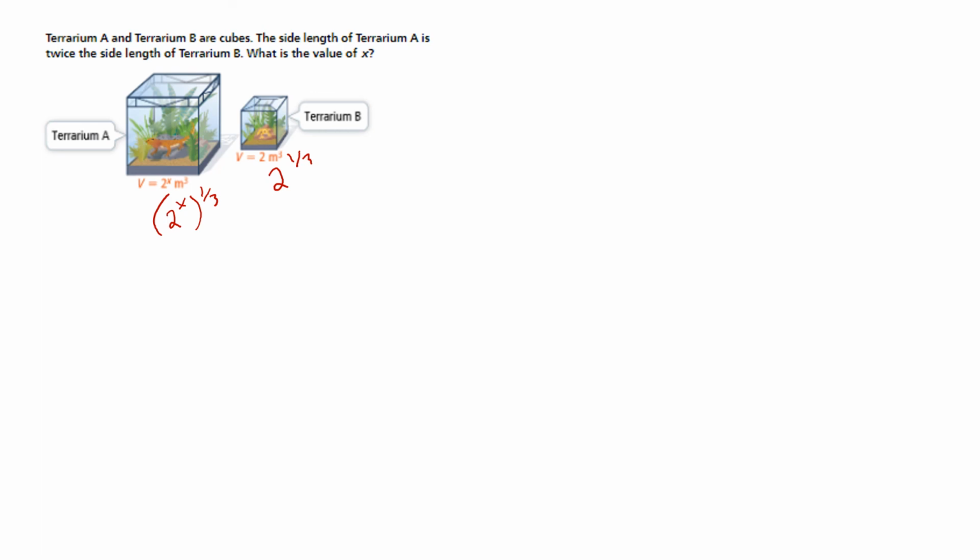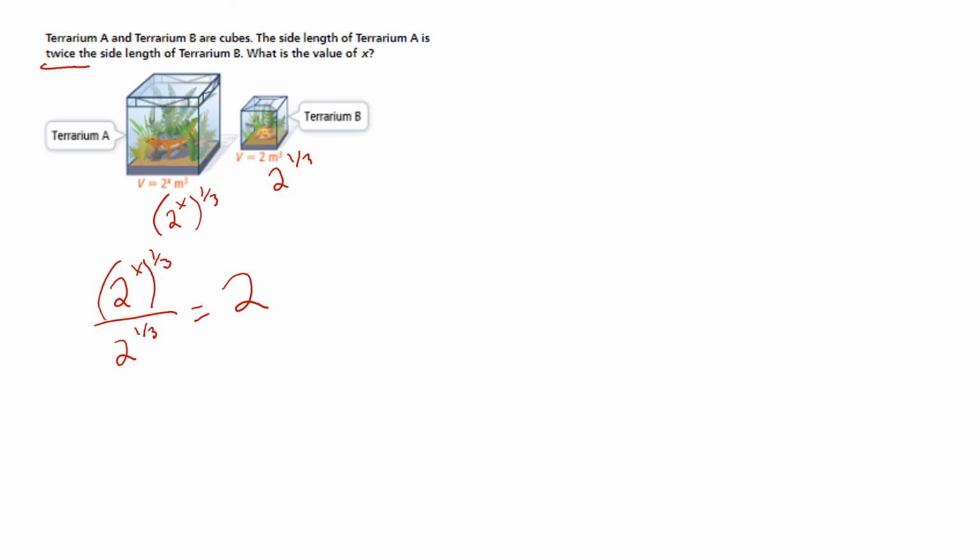Now it tells us that the length of terrarium A is twice the length of terrarium B. So if we divide them, that means it would be 2. We could do 2 to the x to the 1/3 equals 2 times 2 to the 1/3, but let's divide instead. So the big one divided by the little one will have to equal 2 because it's twice the side length.